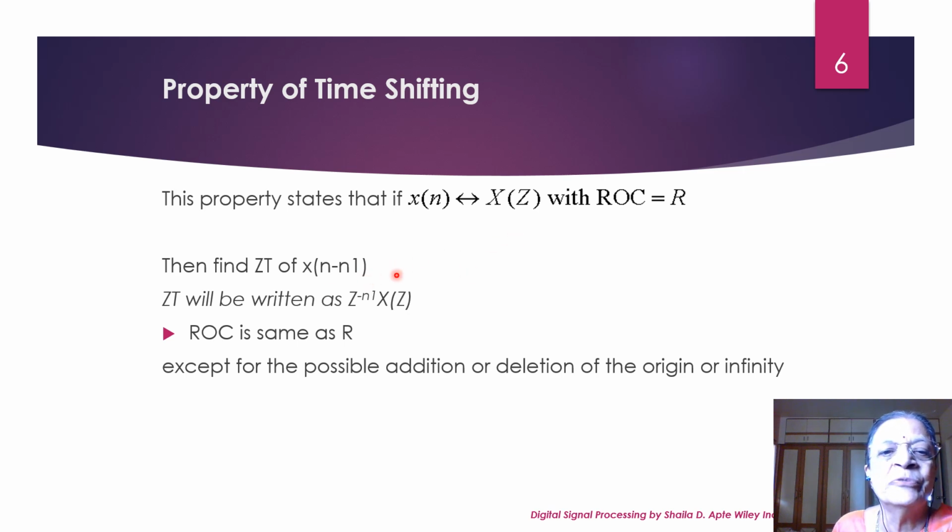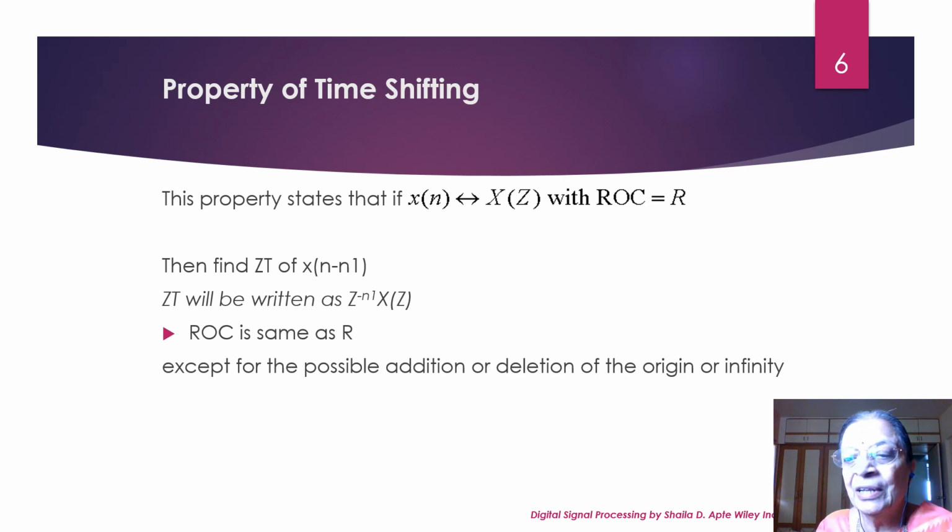Then in that case, what will be the Z transform? Z transform will be written as z raised to minus n1 X(z), means depending upon whether n1 is positive or negative, there will be additional poles introduced at 0 or infinity, depending upon n1 is positive or n1 is negative.